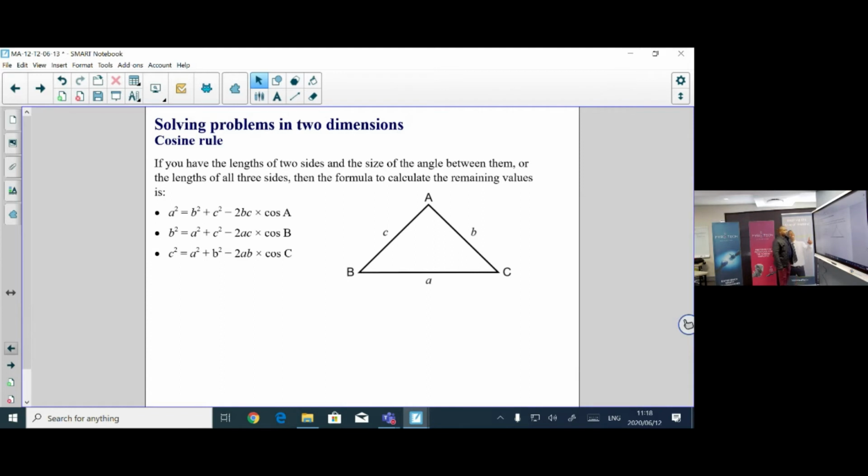There are instances that you must look for in order to be able to use these tools. So how do we use the sine rule? Sine rule, not cosine rule. So sine rule, if I can write it in short like that.